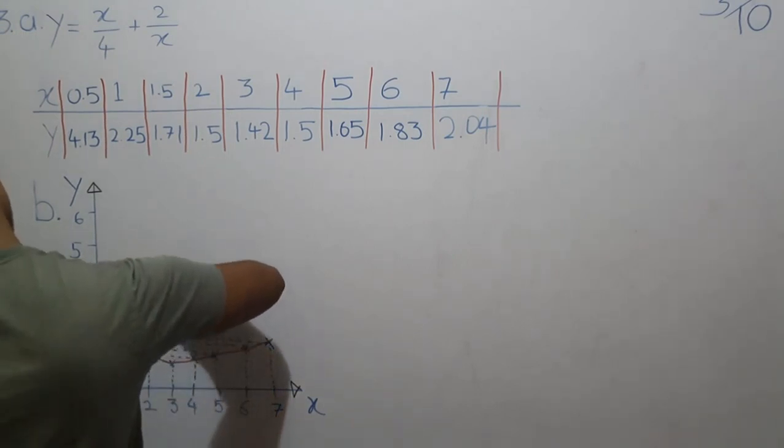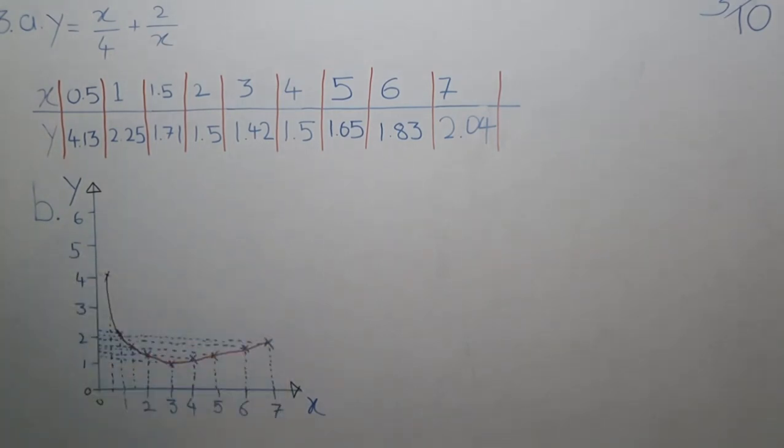One shot you should draw it and finish it. The shape of the graph should be something like this. So that is part B. Now they are giving 3 marks, mainly for drawing the graph smoothly. Now see, this is not smooth since I am using the marker, but you can draw it smoothly.